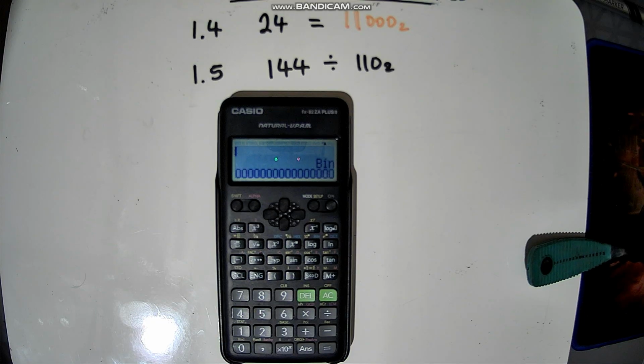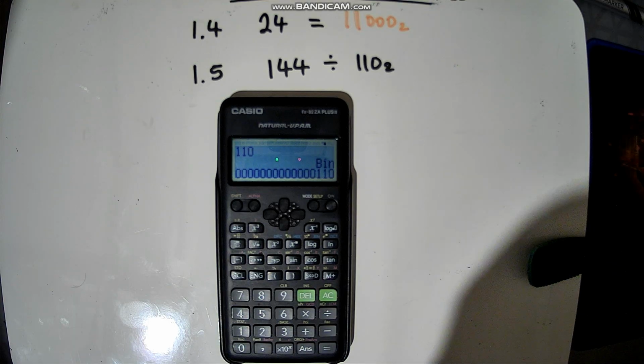So press AC first, AC button, and this will bring the calculator here. Then you will punch in 110 into the calculator. So 110 followed by the equal to sign, and this is what you get on the calculator. Right, so it's showing the binary.